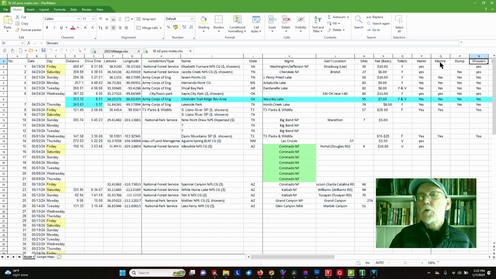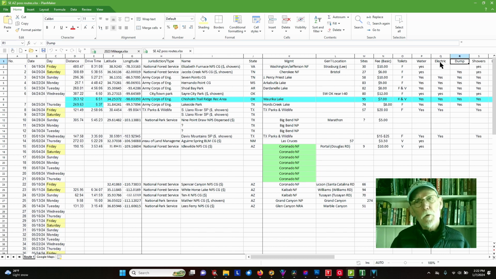The next one is the dump station. Dump stations we don't really need, but they're nice to have. If there's a dump station, usually there's water, and we do have a porta potty. We have a Thetford portable toilet, which has a black water tank, which is relatively small and portable, so we can easily carry it into any toilet facility and empty it.